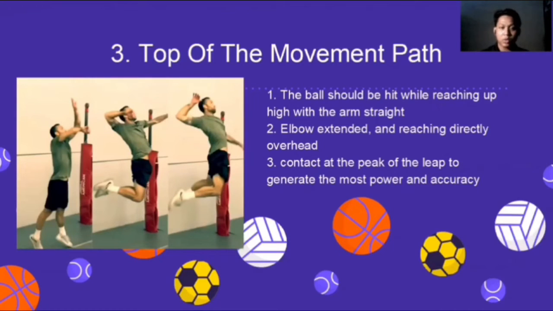And make sure when we do the spike, the elbow is extended and reaching directly over our head like this to get the most powerful spike that we can do.